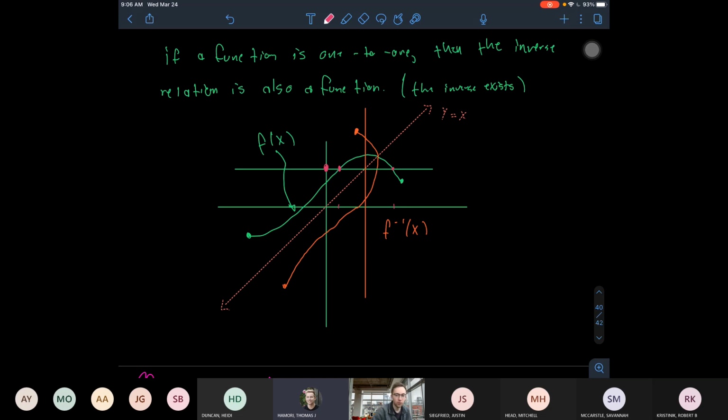Although the inverse passes the horizontal line test, we couldn't recover the original function by taking the inverse of the inverse, because the original inverse, although it is one-to-one, is not a function itself. Does that answer your question, Sam?